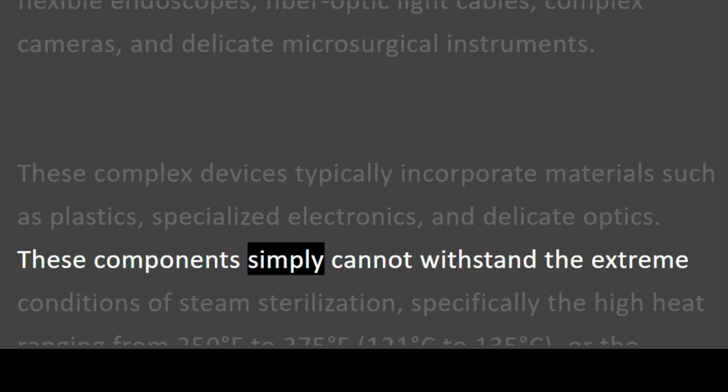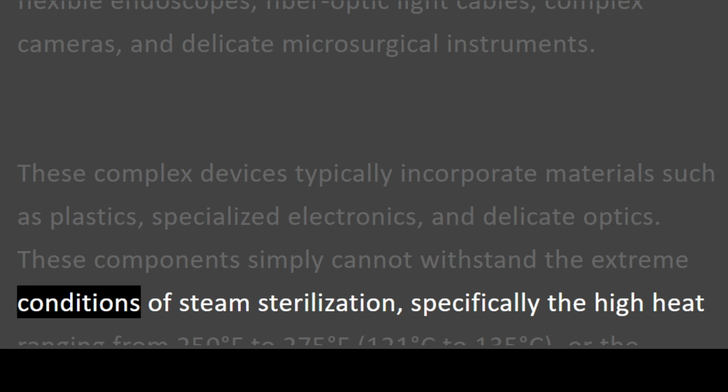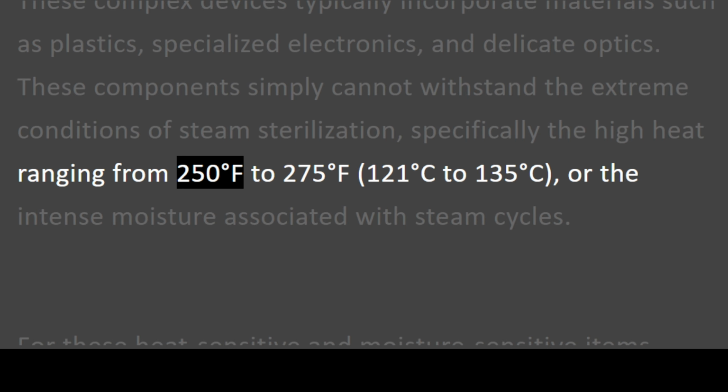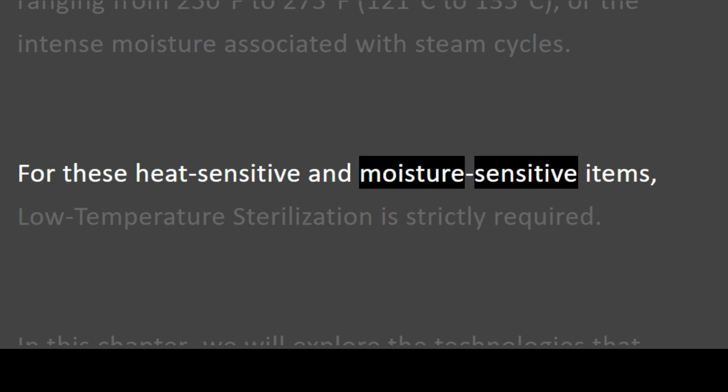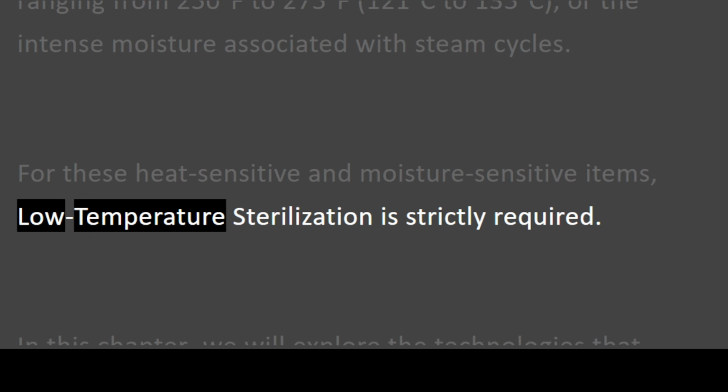These complex devices typically incorporate materials such as plastics, specialized electronics, and delicate optics. These components simply cannot withstand the extreme conditions of steam sterilization, specifically the high heat ranging from 250 degrees Fahrenheit to 275 degrees Fahrenheit, 121 degrees Celsius to 135 degrees Celsius, or the intense moisture associated with steam cycles. For these heat-sensitive and moisture-sensitive items, low-temperature sterilization is strictly required.